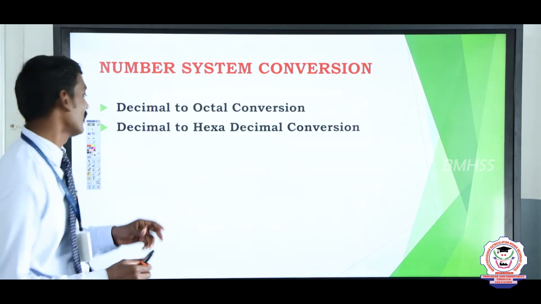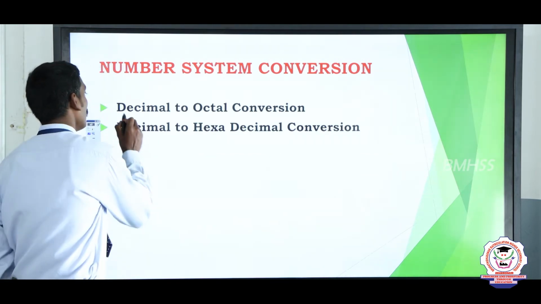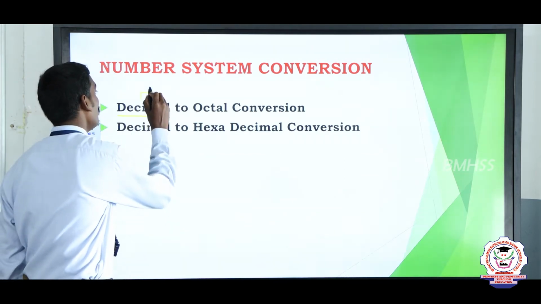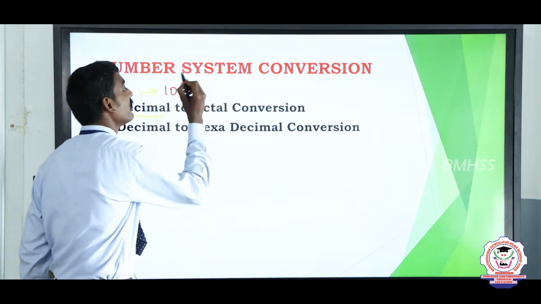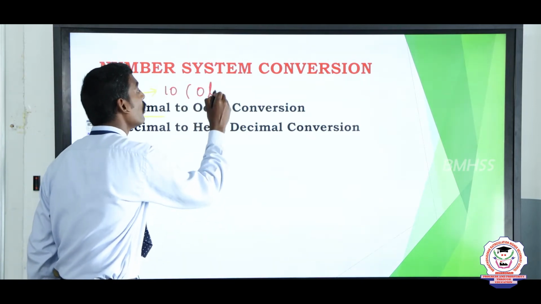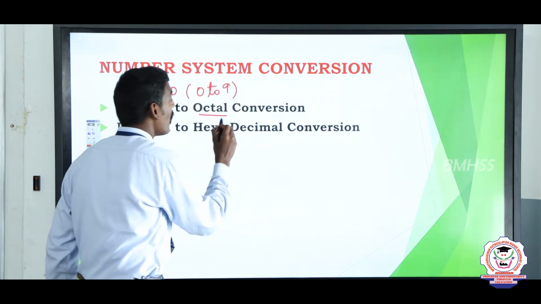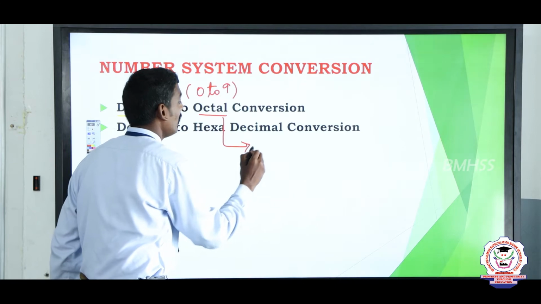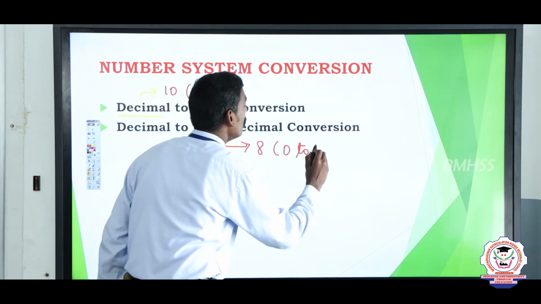Are you clear? Yes. Here, what is the base value of the decimal number system? Yes, the base value of the decimal number system is 10, and the range is 0 to 9. The base value of the octal number system is 8, and the range is 0 to 7.